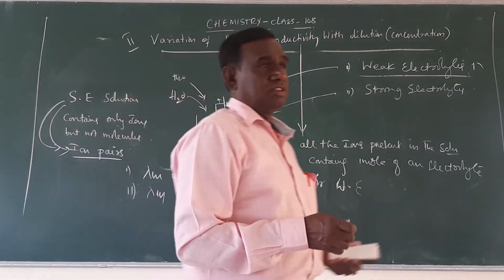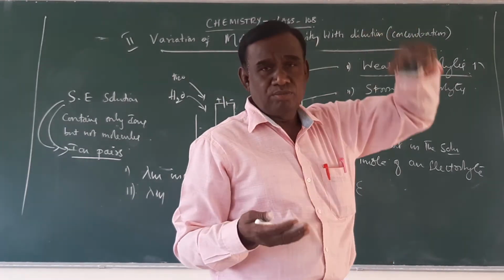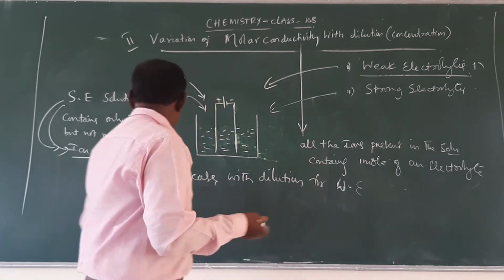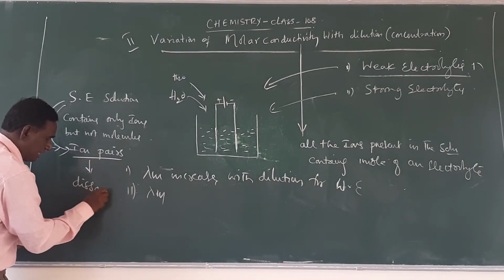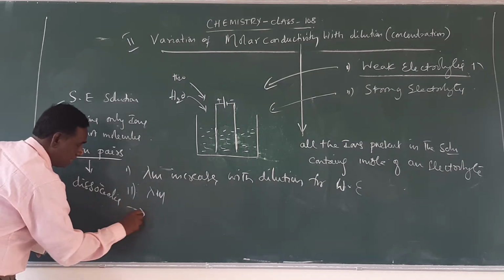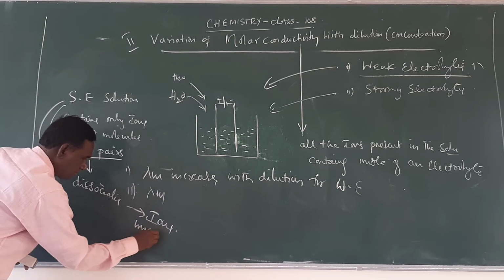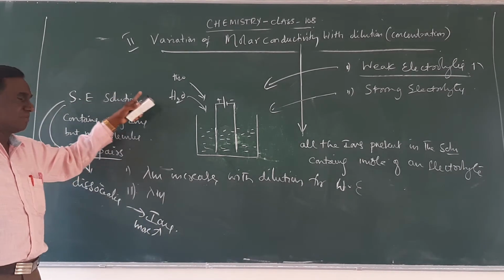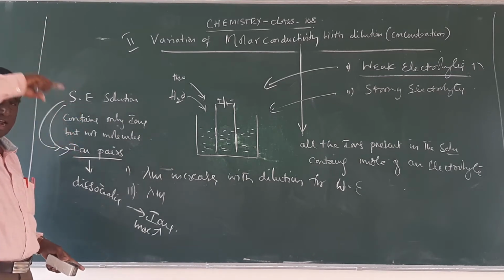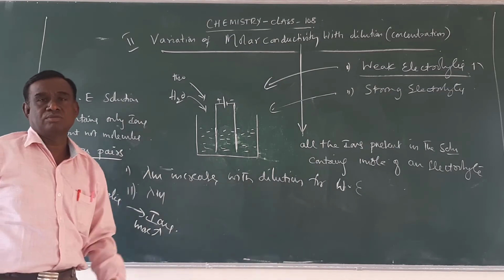But when the strong electrolyte solution containing ion pairs is added with more and more water, what happens? The ion pairs dissociate, giving more number of ions. So ion pairs are present in strong electrolyte solution, but on dilution by adding water, the ion pairs dissociate, giving more number of ions.